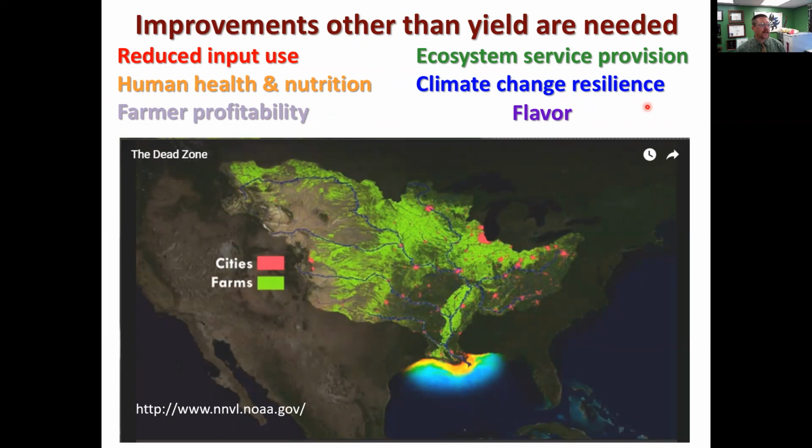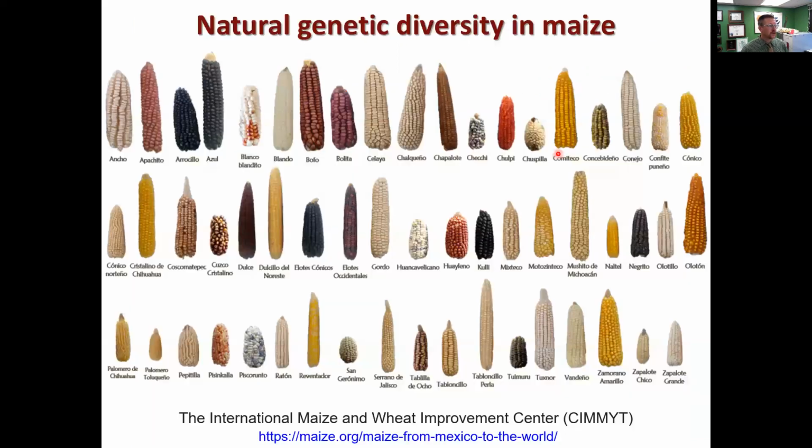We have to have some type of climate change resilience going forward. And increasingly, consumers in the United States, and I think everywhere, are looking for improved flavor. So this isn't really important for the overall concept of the talk here. I just want people to be aware that we can improve all of these traits through breeding, just as we improve yield.